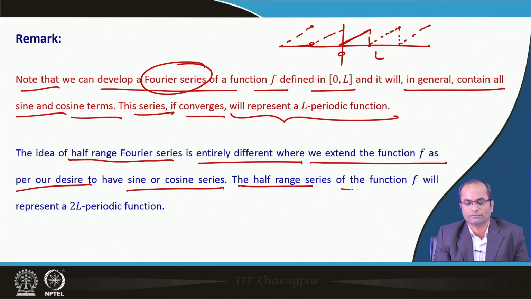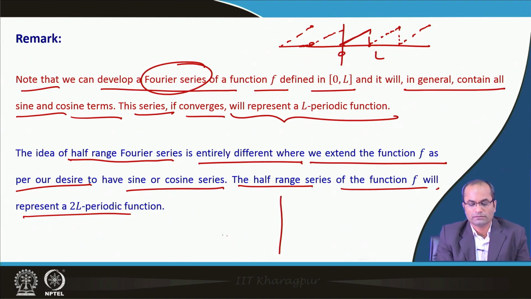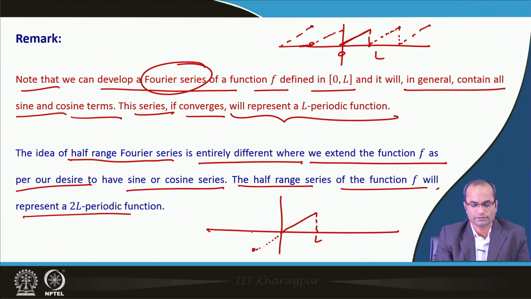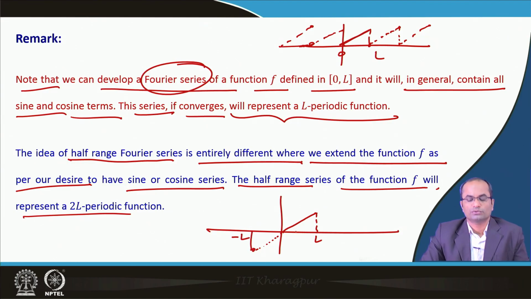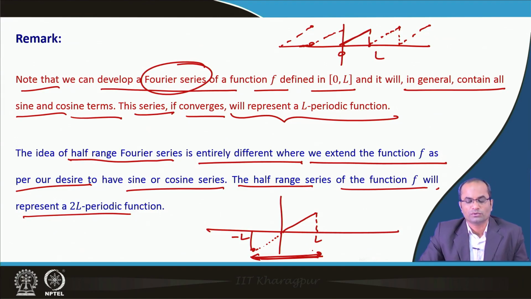So, for instance, if I consider the same function defined in this 0 to L, and suppose I want to have a sine series of this function, what I will do, I will make an extension to this function in this region minus L to 0, so that the function in this range now becomes an odd function, and now I can write down its Fourier series, and that Fourier series will converge to a function which will be 2L periodic, not just L periodic. So, I think the idea is clear with this remark.